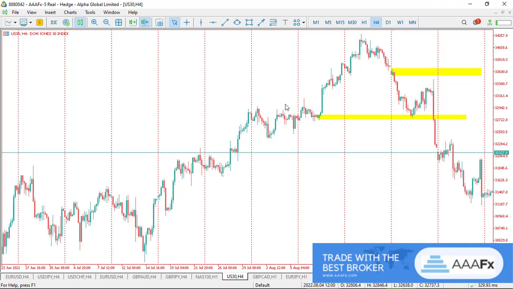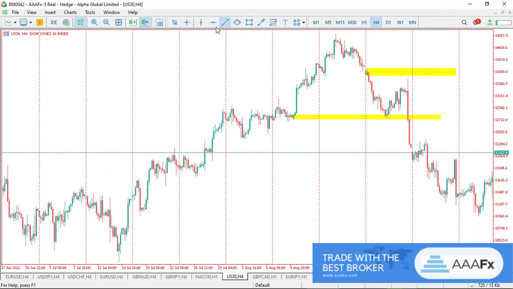As you can see from this chart on your screens at the moment, from this point up to this point we were in an uptrend. No arguments about that. But as price was going up, something was happening.